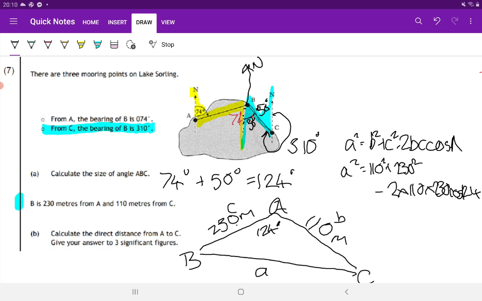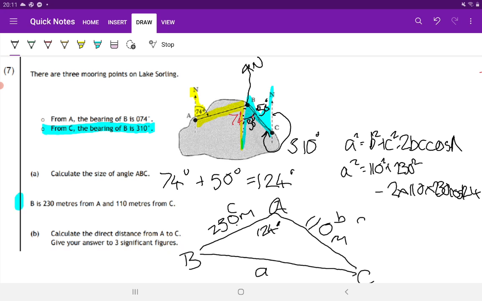Or whatever you have made up for this angle if you have struggled to do part A. So there's no excuses for not getting part B here. You can all do cosine rule, or you will all be able to do cosine rule by the point of doing the next assessment. But I appreciate that we won't all get all this bearing stuff. But we can all make up an angle for part A. Get 3 out of 5 here.